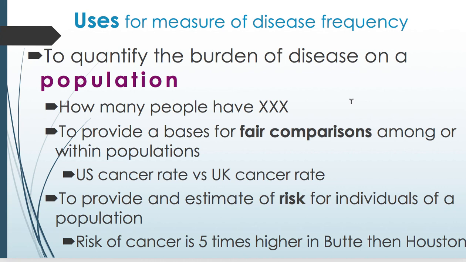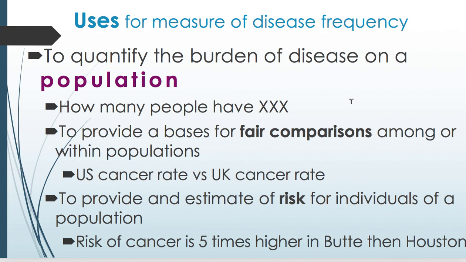It also provides an estimate of risk for individuals within a population, so related to a certain time, place, or person. So for example, the risk of cancer is 5 times higher in Butte, Montana than it is in Houston, Texas. And that certainly isn't a valid statement, but that's an example of ways in which we can use epidemiological data and these measures of disease frequency.